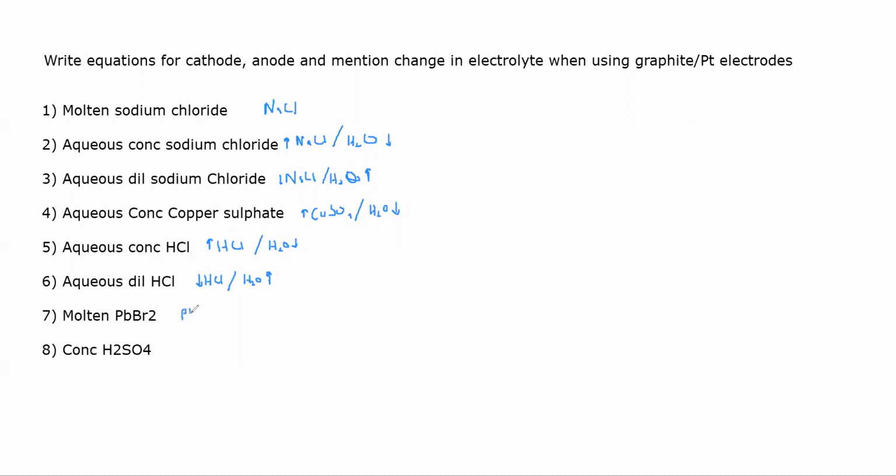Molten PbBr2 contains lead ion and bromide ion. And concentrated H2SO4 means it contains water too. So it is H2SO4 and water, and it's concentrated, so it contains more H2SO4 and less water.